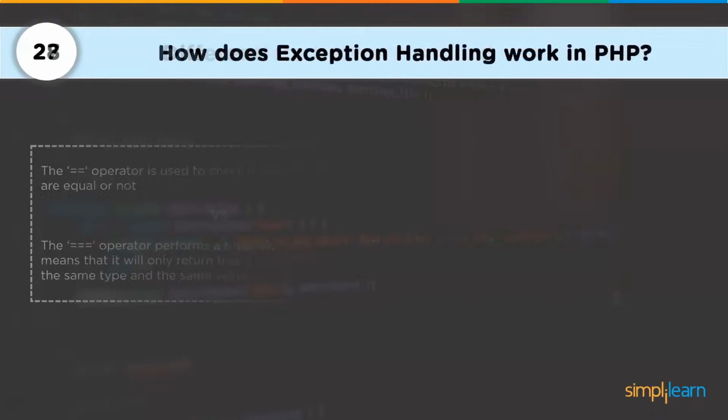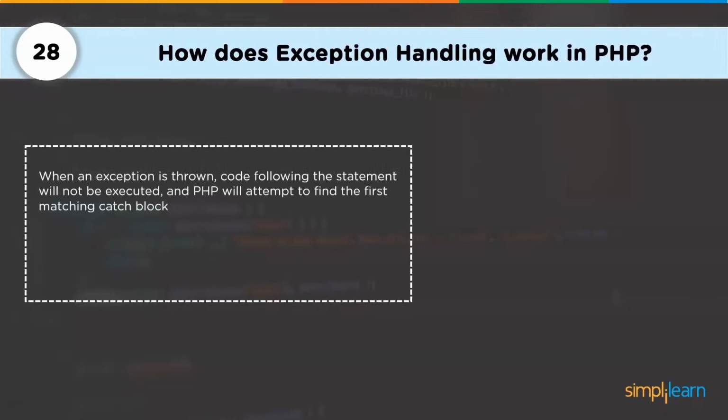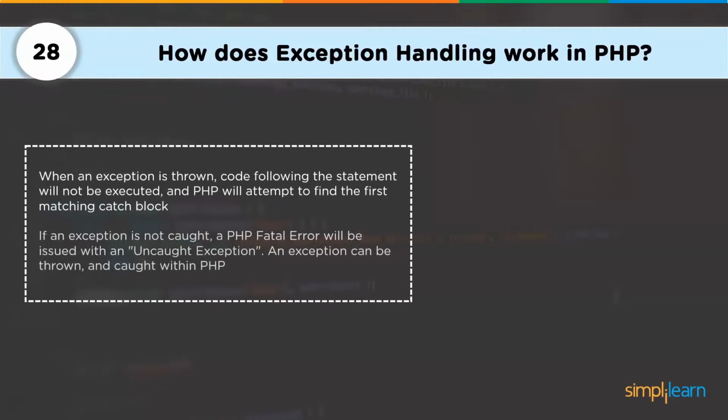Next question. How does exception handling work in PHP? So when an exception is thrown, code following the statement will not be executed, and PHP will attempt to find the first matching catch block. If an exception is not caught, a PHP fatal error will be issued with an uncaught exception. An exception can be thrown and caught within PHP.